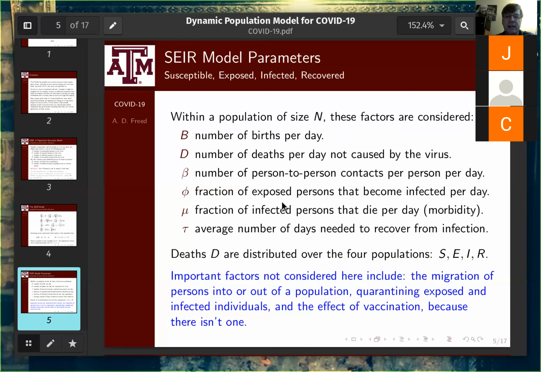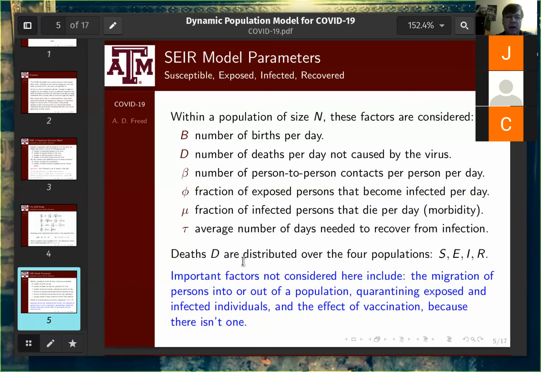Phi is the fraction of the number of exposed that actually become infected per day. And mu is the fraction of the persons that succumb to the disease. And in the literature, or in the medical community, they would call this morbidity. And then tau is the average number of days needed to recover from the infection.